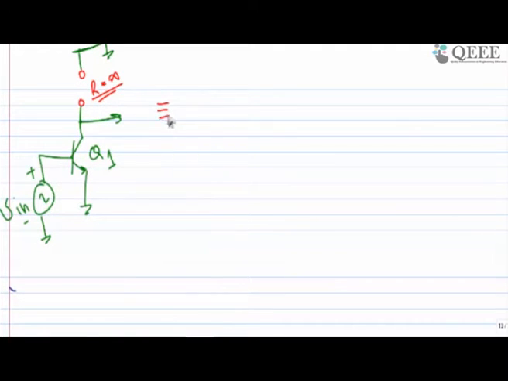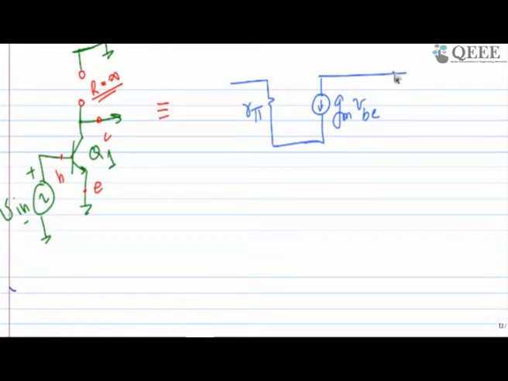And if I draw the small signal model, replacing the base, emitter and collector, please also draw along with me in your notebook the small signal model of this entire circuit. It has to look like this: R pi, GMVB, and R0, which means I am talking about the early effect voltage.